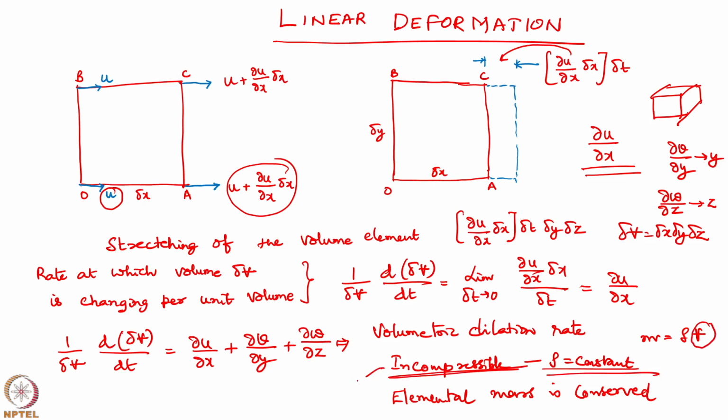That means del u by del x plus del v by del y plus del w by del z, the dilation rate, will be 0. It can undergo deformation, there can be stretching in x, y and z, but the net change in the volume has to be 0. That is the consequence of the linear deformation.